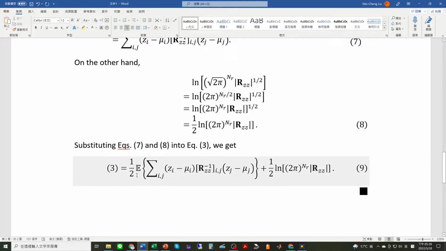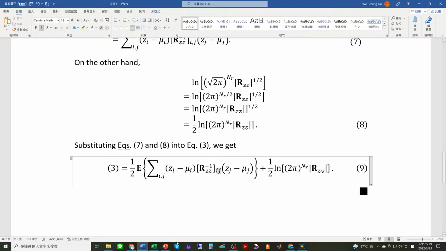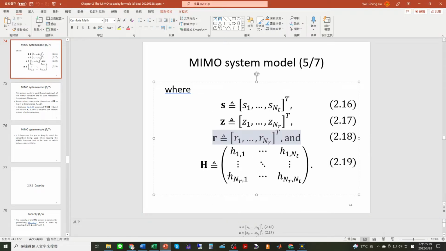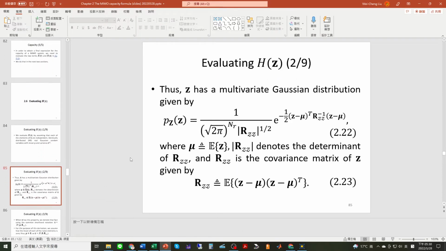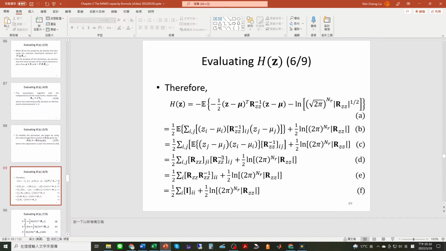Wait a minute. Let us check the correctness of this equation. Equation 3 is equal to 1 over 2 times the expectation summation ij zi minus mu i times Rzz inverse ij. I delete the comma here, which conforms because in the slides, page 89, we do not have a comma here.